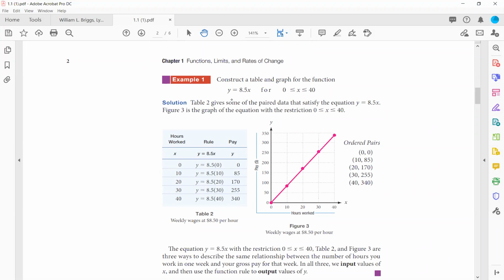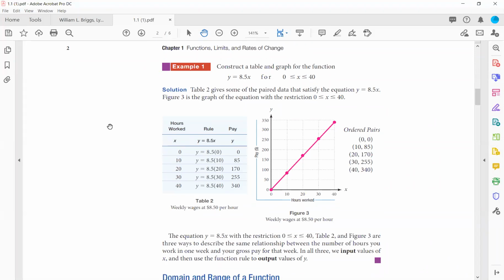So let us form a table. This is the definition of your function. As you can see, it's a linear function. The degree of x is equal to 1, and here you have a linear function.